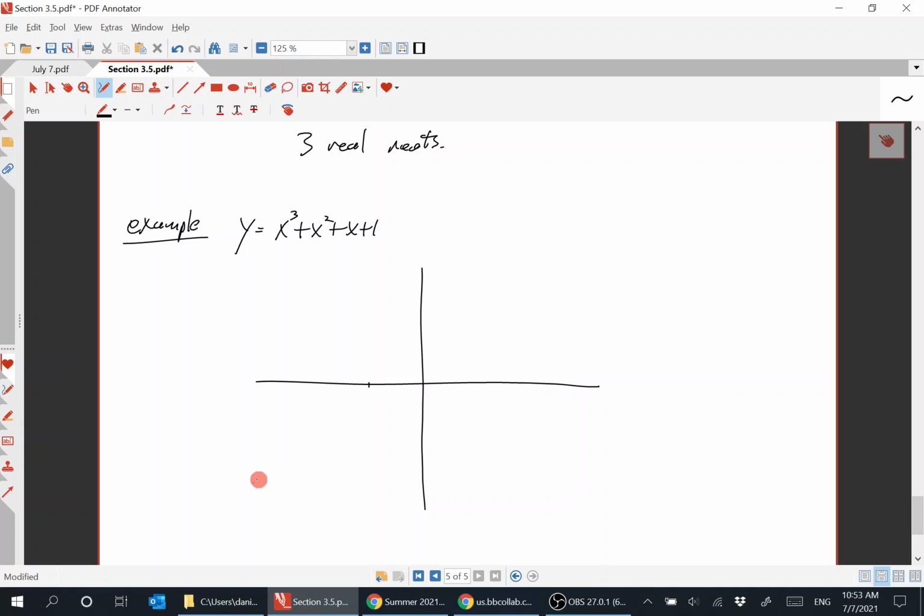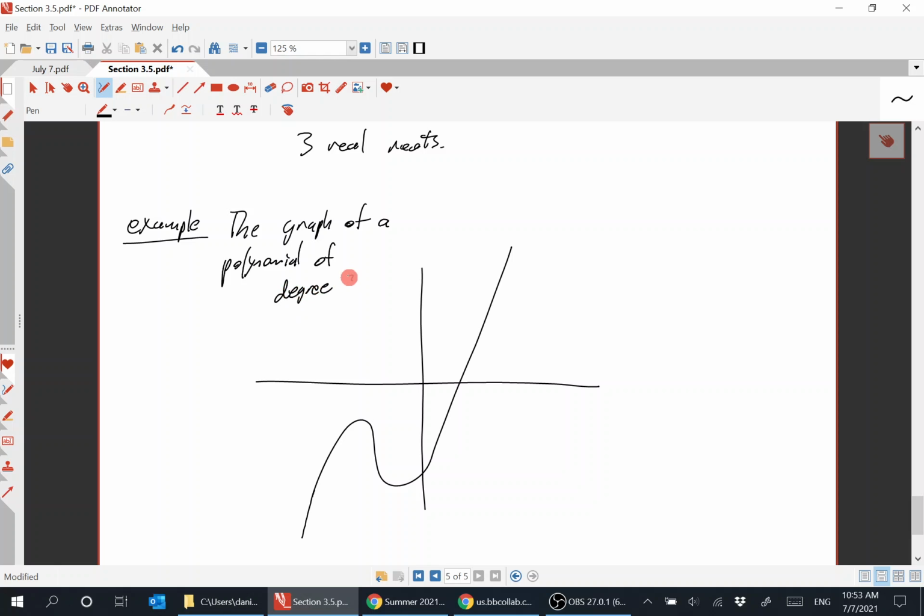So a polynomial of degree 3 always has this type of behavior. It goes to negative infinity off to the left and positive infinity off to the right. So the graph of a polynomial of degree 3 therefore has to have one x-intercept.